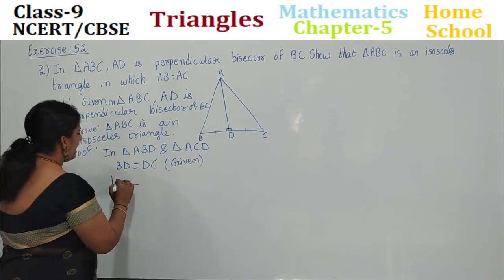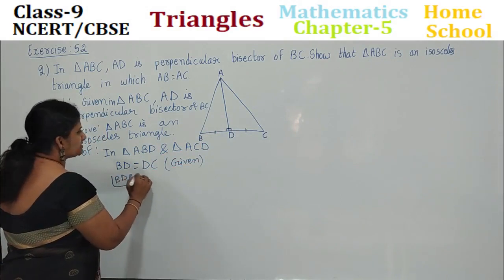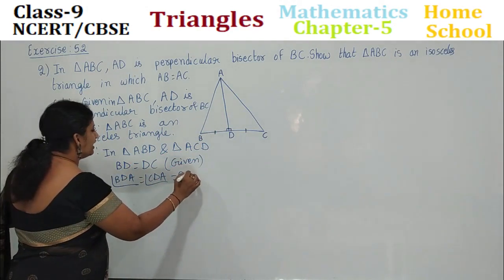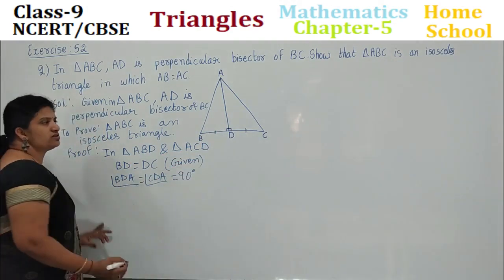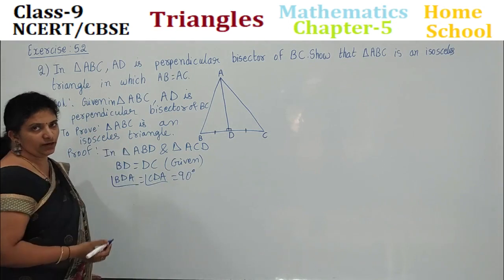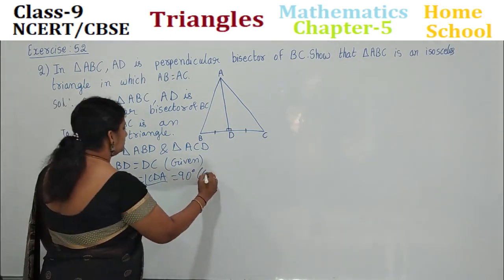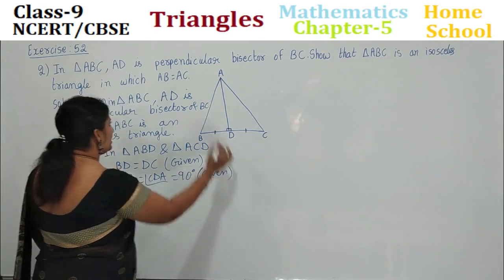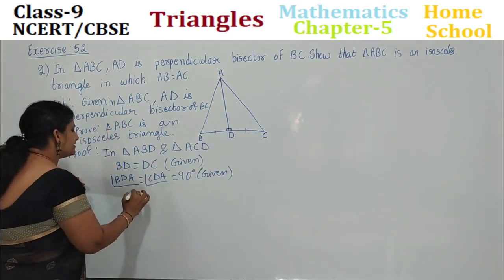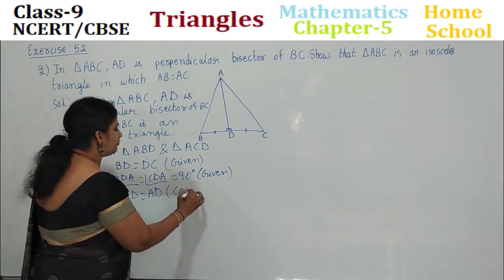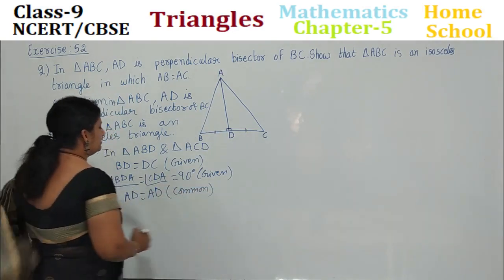Then angle BDA is equal to angle CDA is equal to 90 degrees. This is also by given data, perpendicular given, you can write. And next one, AD of this triangle is equal to AD of another triangle, you can write it as common.